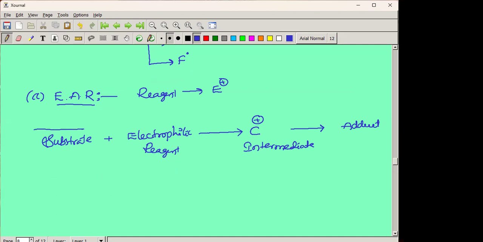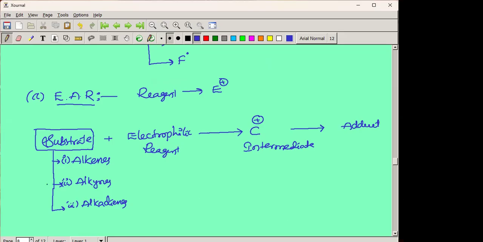What type of substrate moiety is involved in electrophilic addition reaction? As a substrate we can use alkenes, alkynes, and alkadienes. These are the substrate moieties involved in addition reactions.